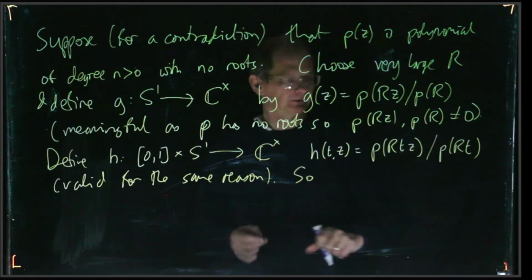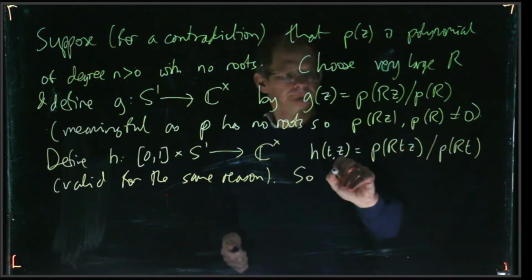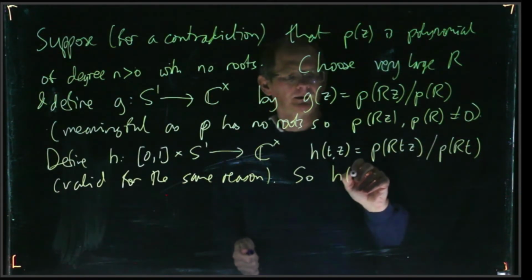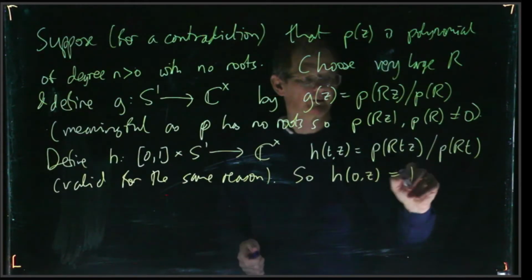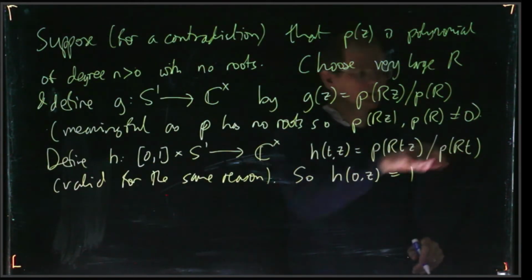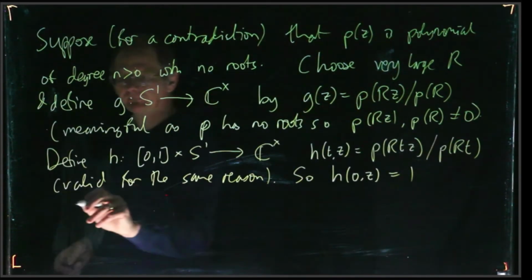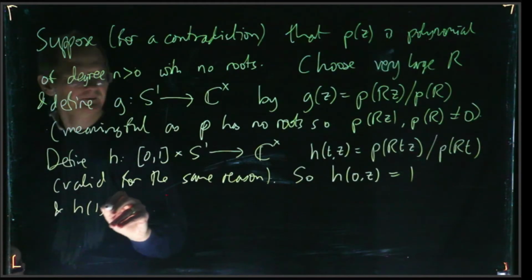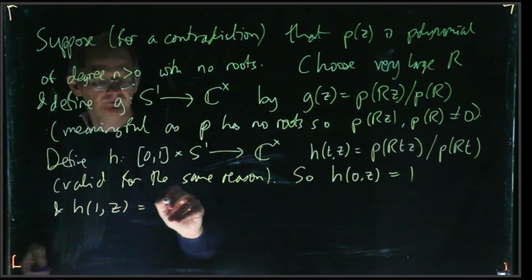So we know that if we do H, H(0, z) is just equal to 1, right? Because then you've got t of 0, you just get P of 0 over P of 0. And H(1, z) is g of z.